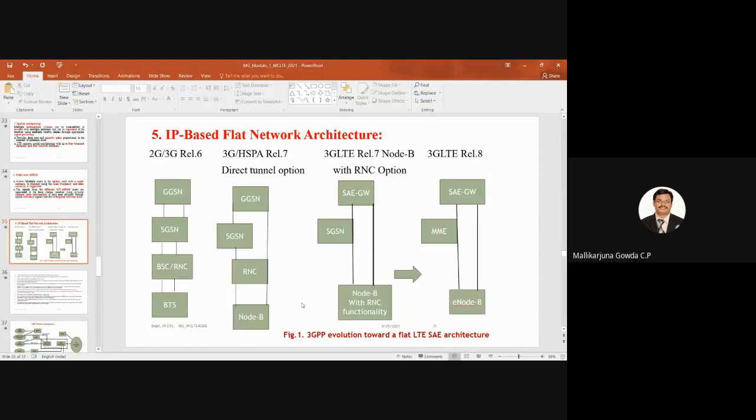Yes, I'm asking, is this picture clear? Of course, I have not told the functionality of each and every element. I will come back to that. What is the function of eNode B, the system architecture evolution gateway, then mobility management entity and all. So I'm just saying the outline of the evolution of the network, that is from 2G to 4G.